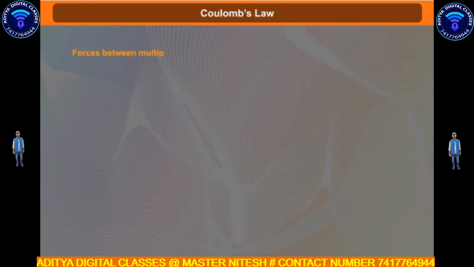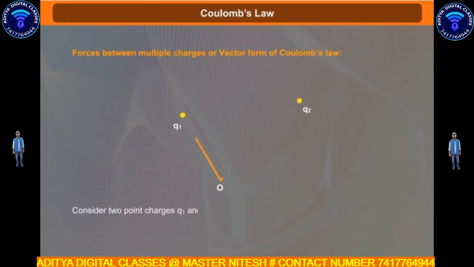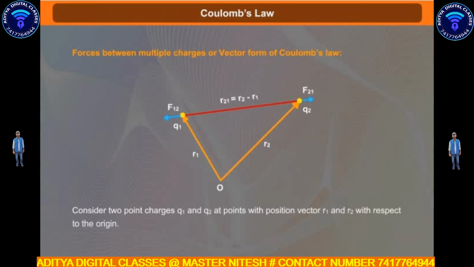Forces between multiple charges, or vector form of Coulomb's law. Consider 2 point charges Q1 and Q2 at points with position vectors r1 and r2 with respect to the origin. The magnitude of unit vectors r12 and r21 are as follows.